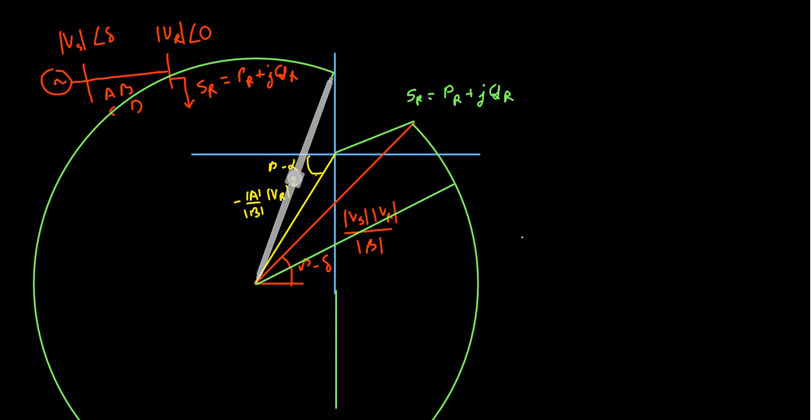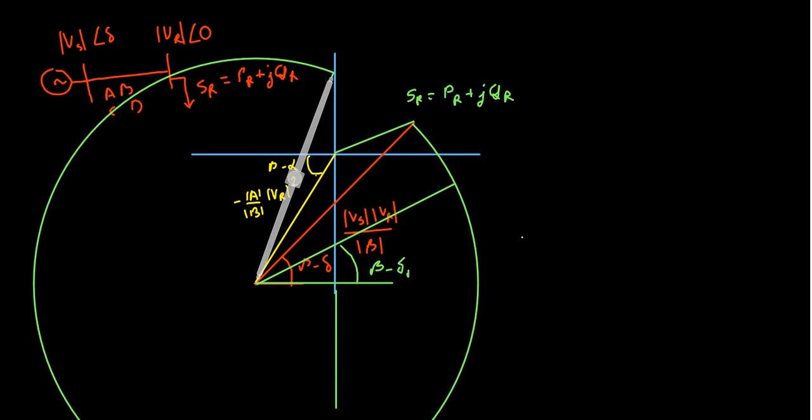So this is beta minus delta 1. And of course delta 1 is more than delta. So delta has increased. It has become delta 1, and therefore beta minus delta has decreased.